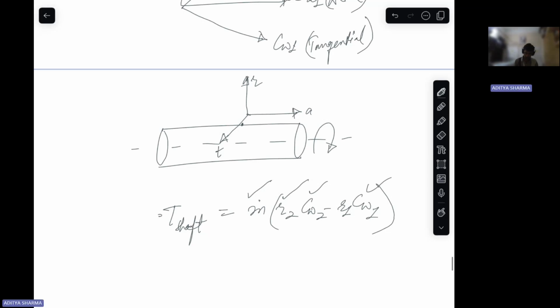So C is the absolute velocity, V is your relative velocity, and U is your rotor or shaft velocity. So I hope you are able to imagine this.